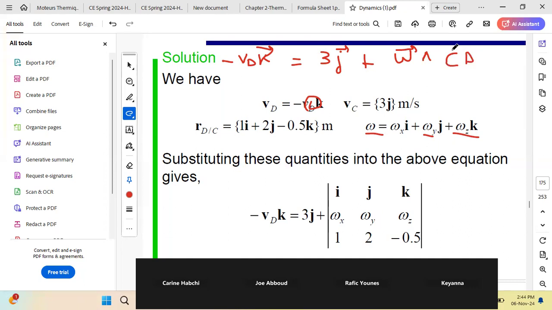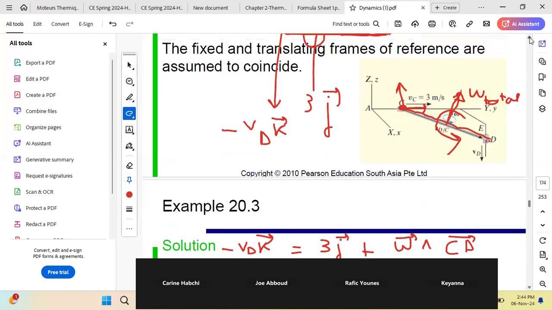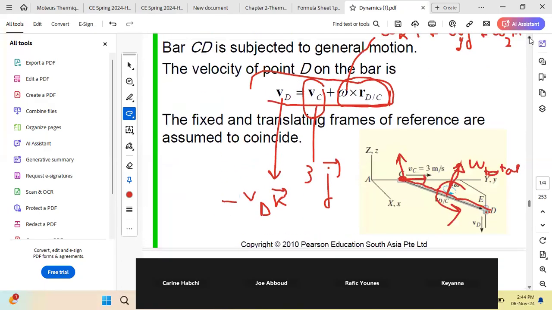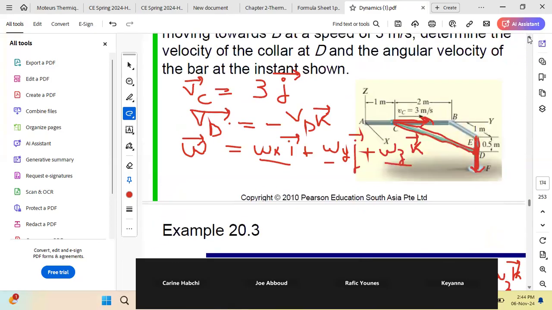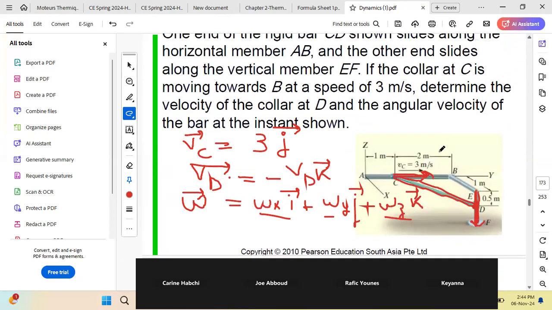And according to the figure, CD vector has known components. If you look at this figure, you have the coordinates of point D. From coordinates of point D, you can find the coordinates of vector CD. For point C, C is on the y-axis, yani 0, 1, 0.